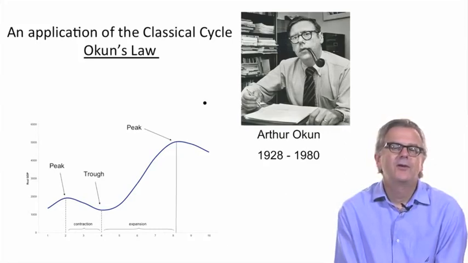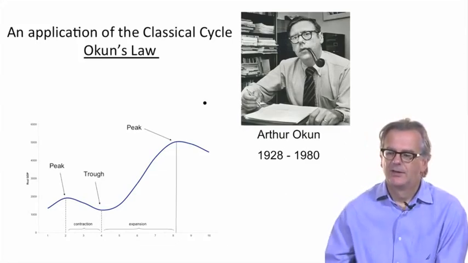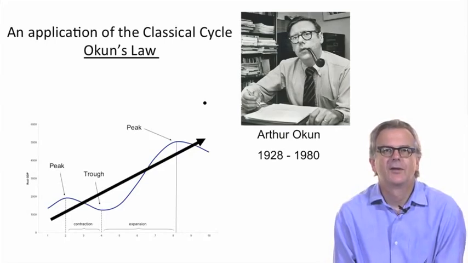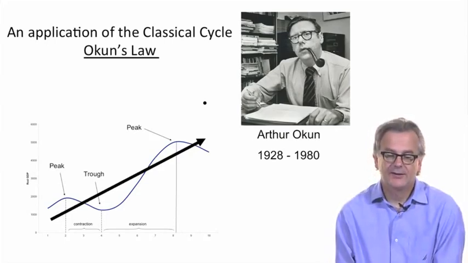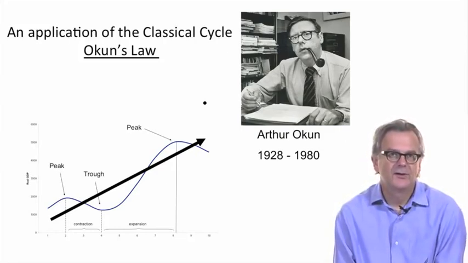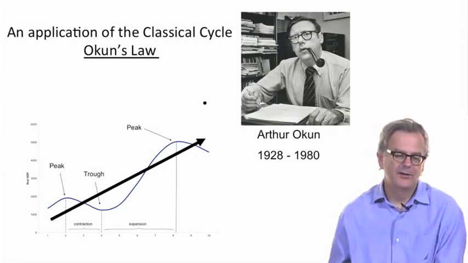And the framework that he used for his analysis was very much this idea of the classical cycle. In particular, he added one element to this classical cycle idea, and that's the upward trend in gross domestic product. So one way of thinking about the classical business cycle is it's really about deviations of actual real GDP around the upward trend.